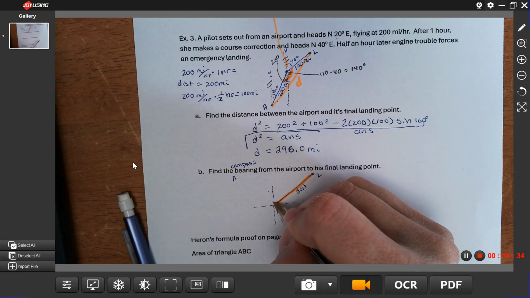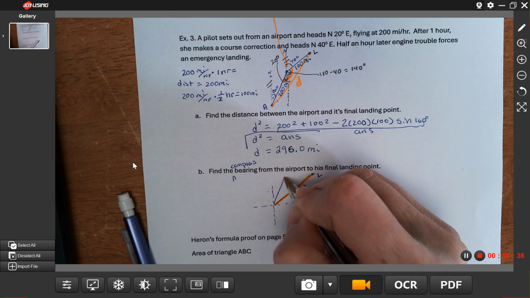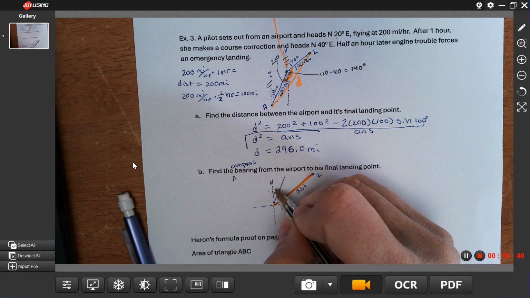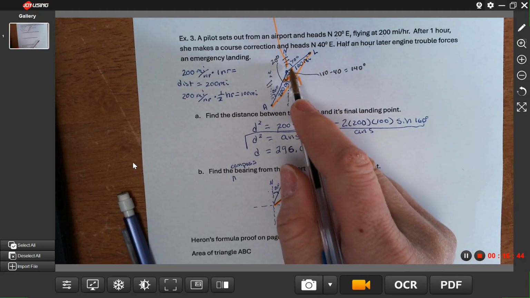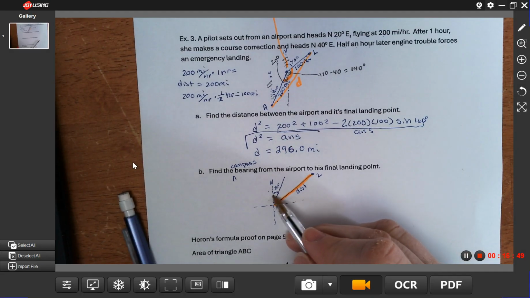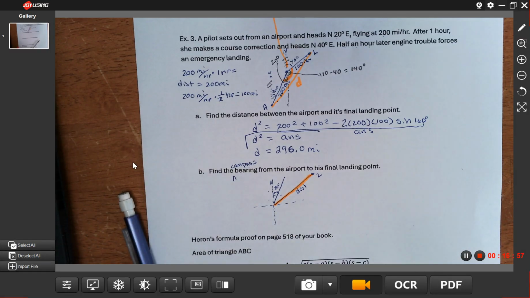We know that the original path here had an angle between north on the compass and that direction of 20 degrees. That was what we started with right there. And we need to find out this big angle, so maybe we can figure out this angle somehow.